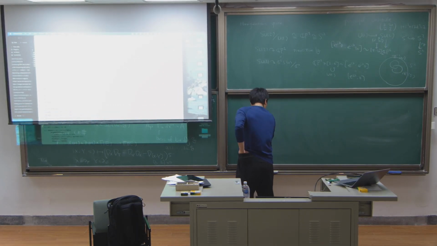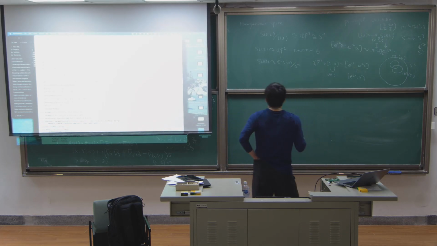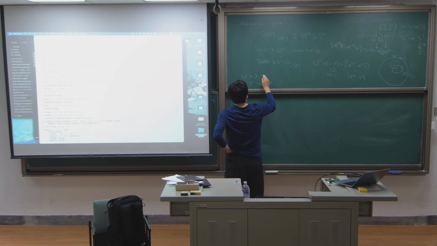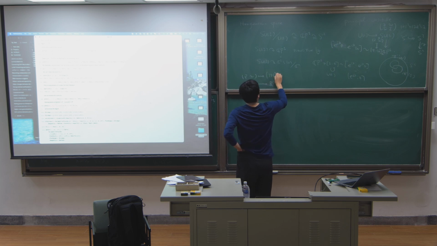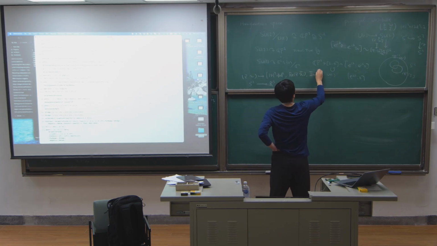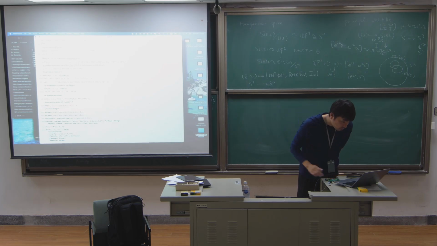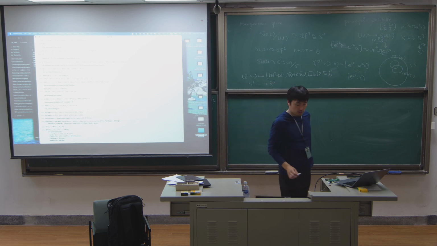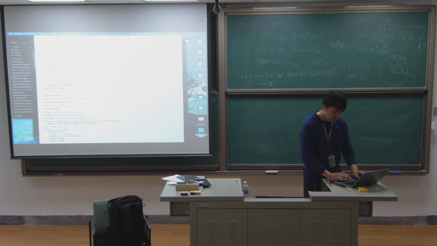So if you have Z and W in S3, we can map to S2 inside R3.